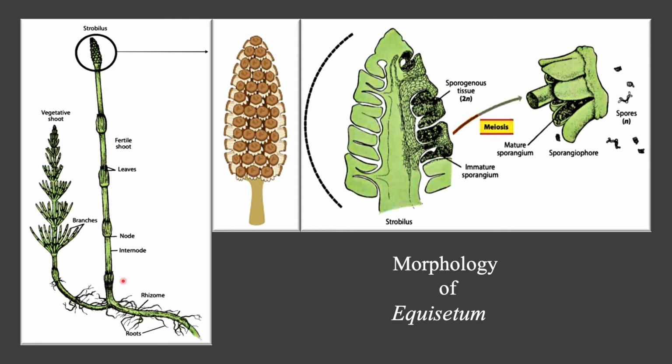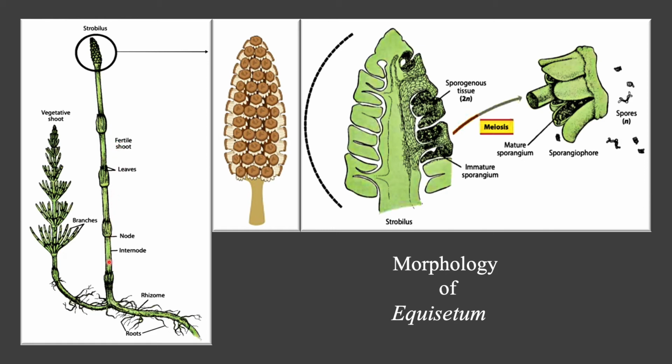The underground stem or rhizome branches frequently and is anchored by adventitious roots usually formed at the node. Adventitious roots are those which arise from the node of the stem. The upper green branches are numerous.